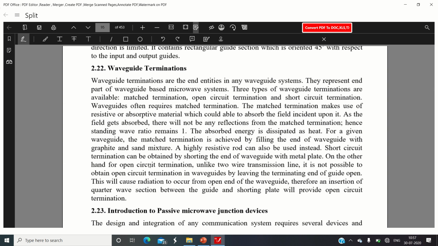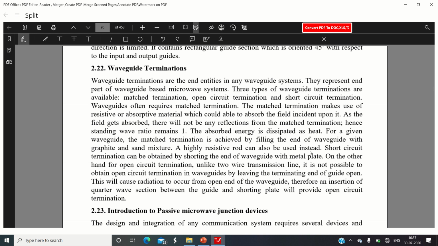So how to construct the match termination? It is achieved by filling the end of the rectangular waveguide with a graphite and sand mixture.